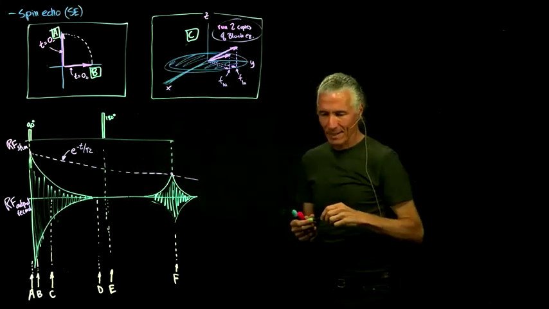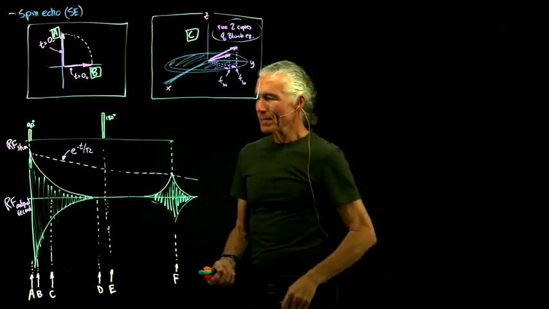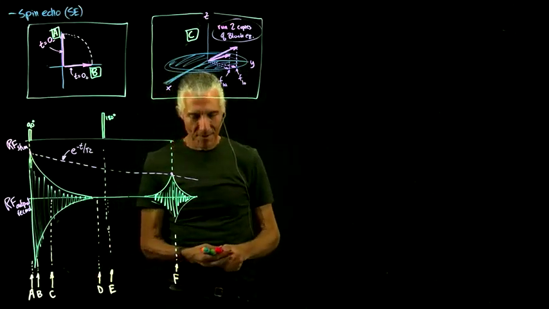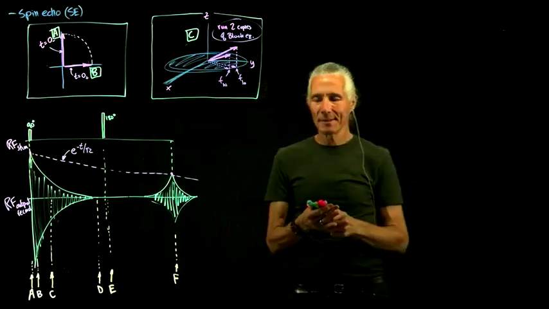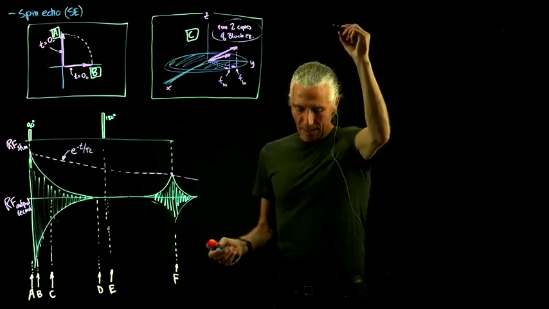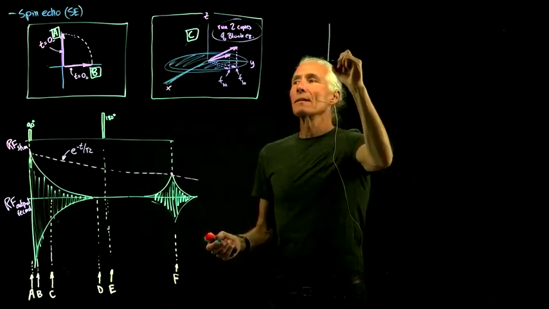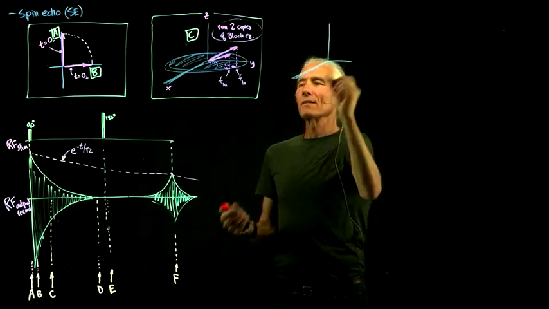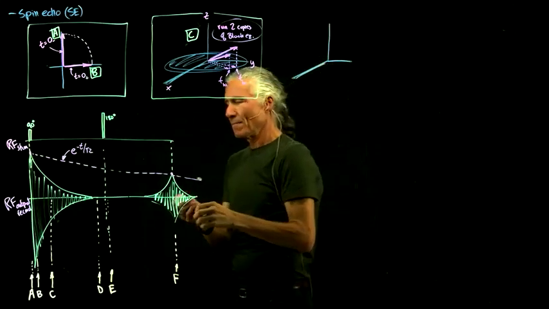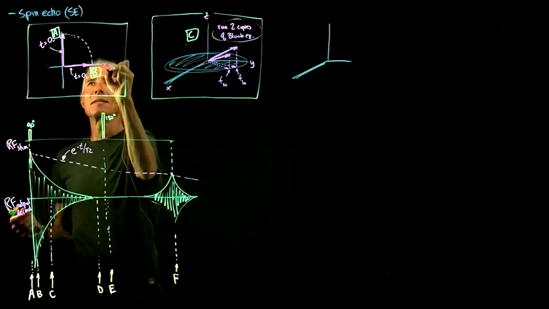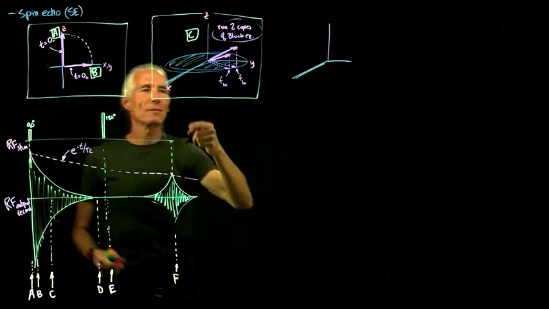Okay, that's point C. Now, what happens if we go all the way to point D? What will have happened is you'll essentially have gotten everybody completely messed up. So here I put sort of X, Y, and Z, but now I made it 3D.